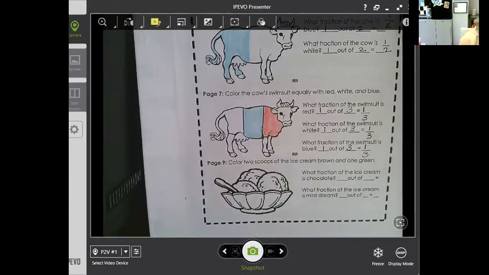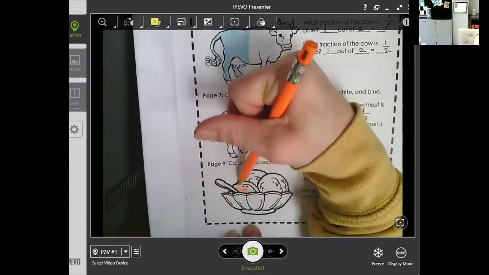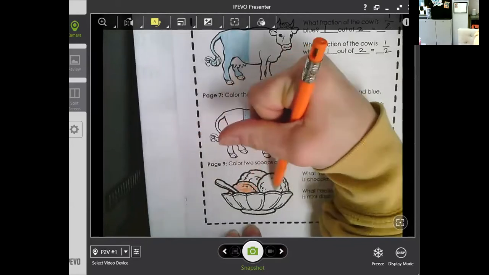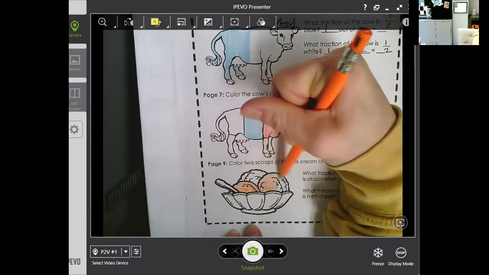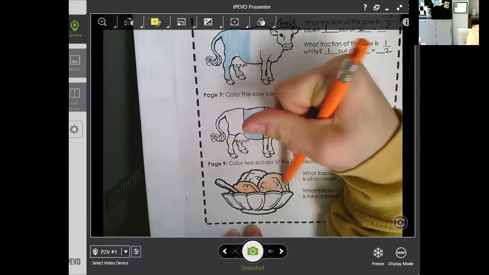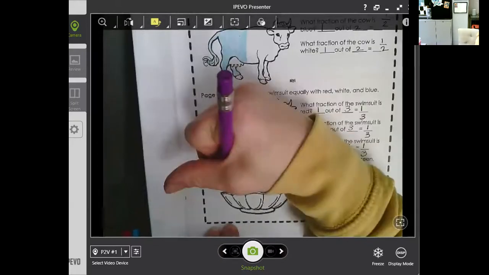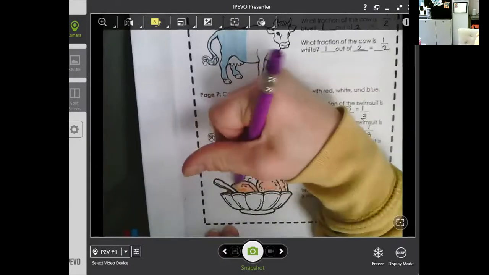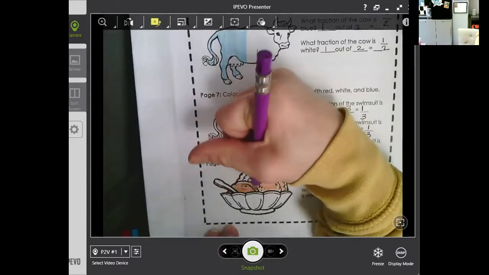I actually don't have a brown here, so I'm going to use orange and purple and hope that makes brown. So I'm going to color 2 scoops of ice cream as close to brown as I can. Kind of looks like rainbow sherbet now.